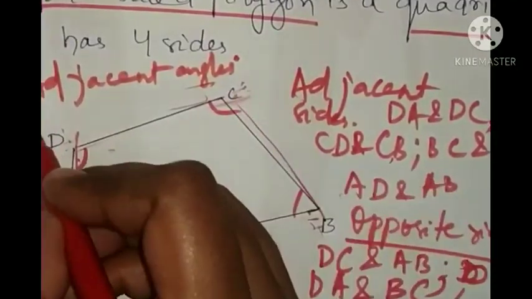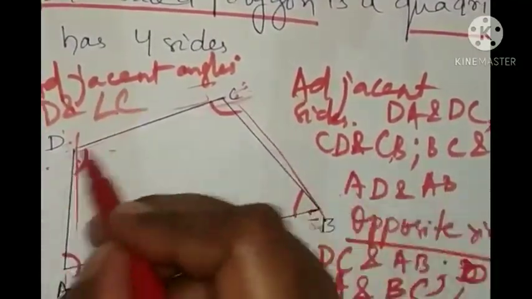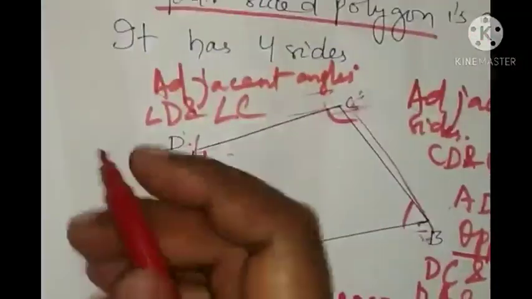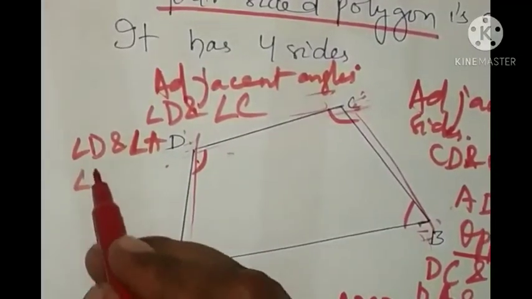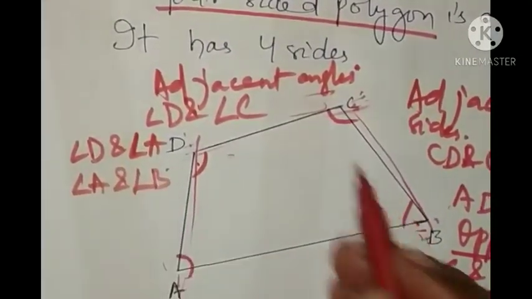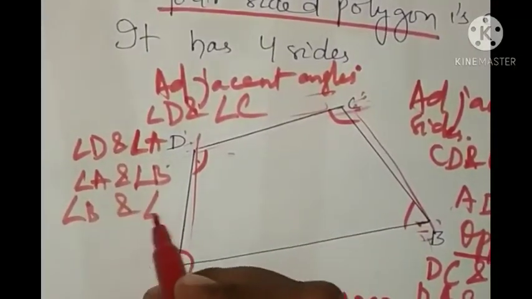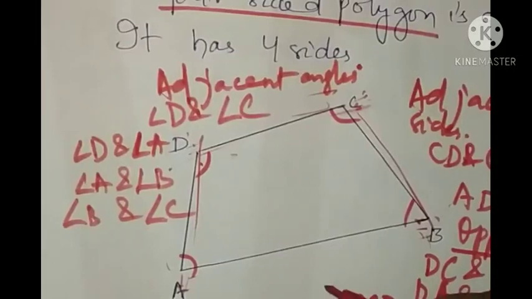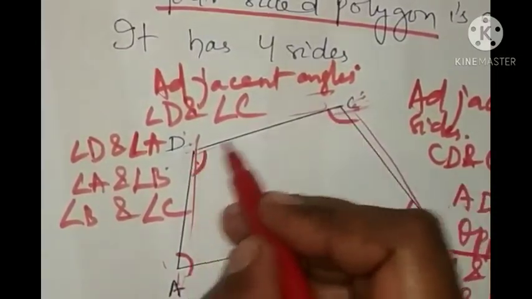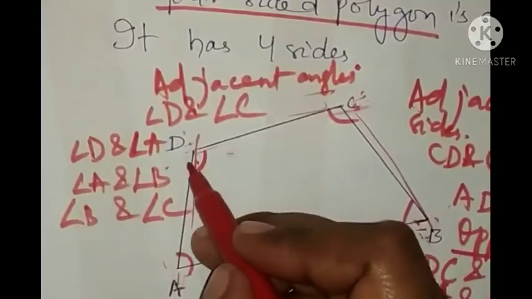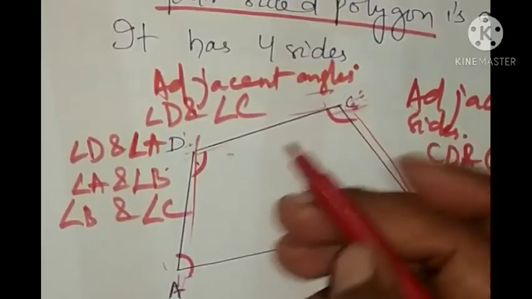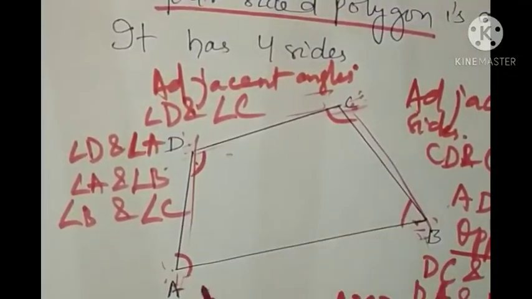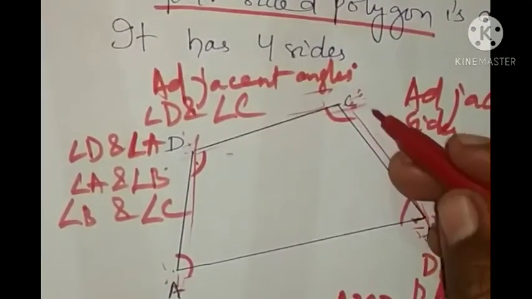Here DC, angle D and angle C, or DA, angle D and angle A, or AB, angle A and angle B, or BC, angle B and angle C. These are adjacent angles, meaning adjacent angles remain on one side. In DC we can find 2 adjacent angles, in DA 2 adjacent angles, in AB 2 adjacent angles, and in BC 2 adjacent angles, angle B and angle C.